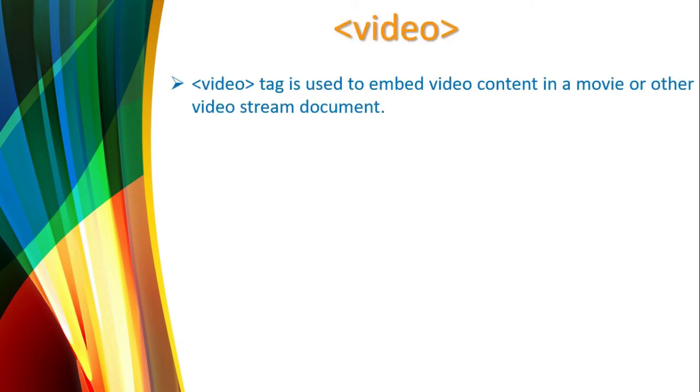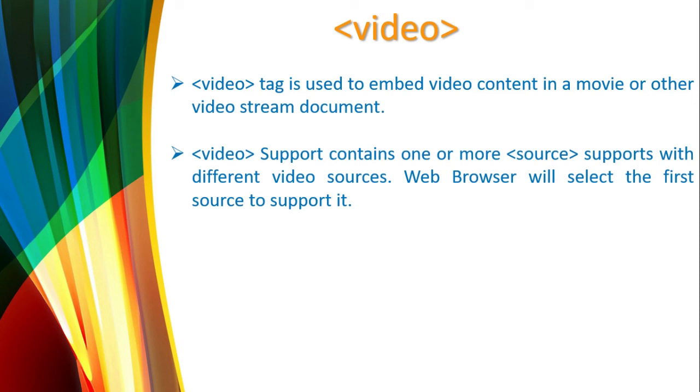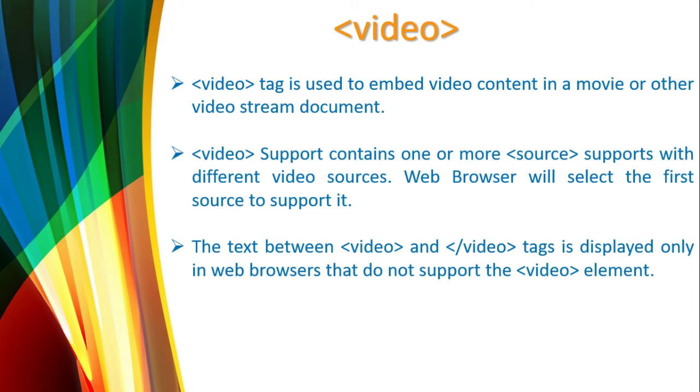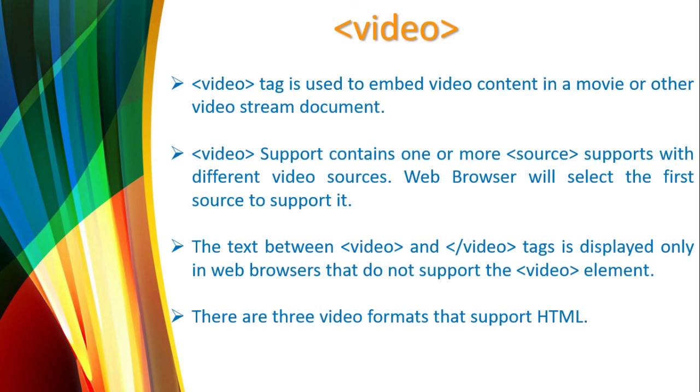Video tag. The video tag is used to embed video content in a movie or other video stream document. The video tag supports one or more source tags. The web browser will select the first source it supports. The text between the opening and closing video tags is displayed only in web browsers that do not support the video element. Also, there are three formats that are supported in HTML.